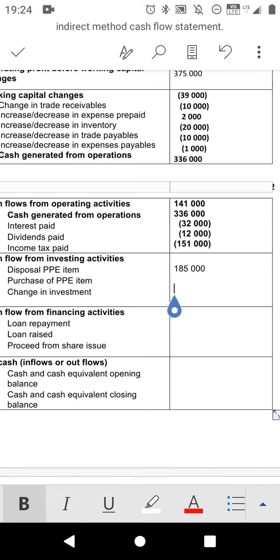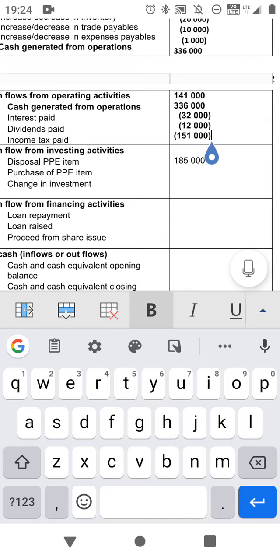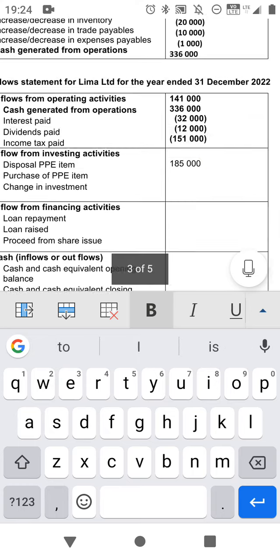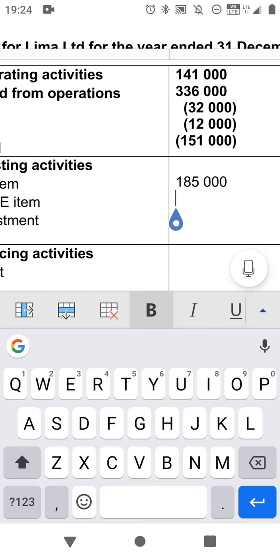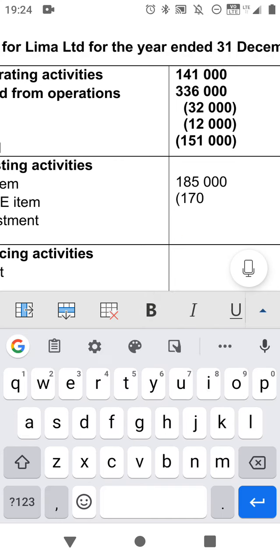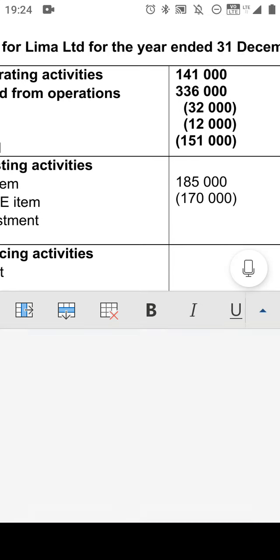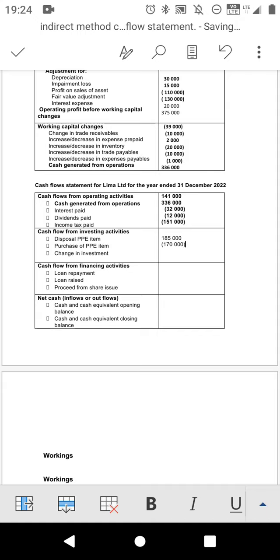If we purchase, obviously, we have paid the money to purchase. This will be an outflow, 170,000. Simple as that, guys.